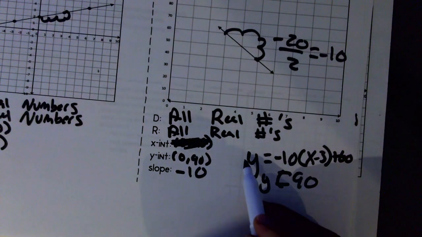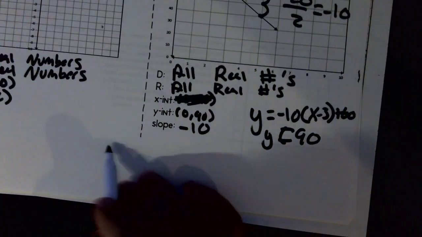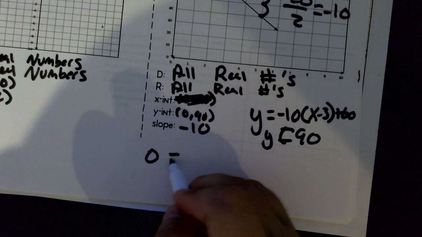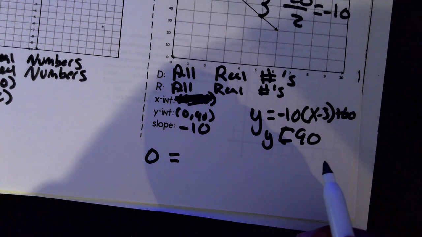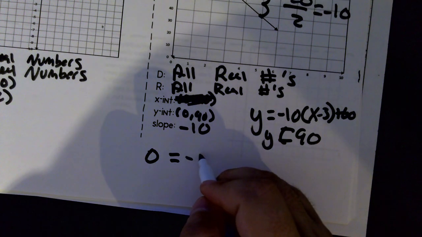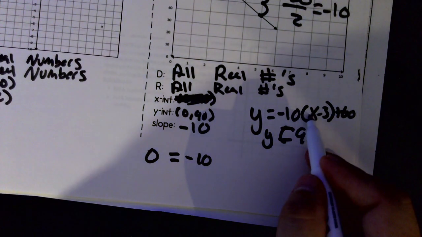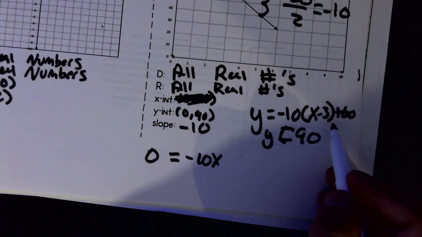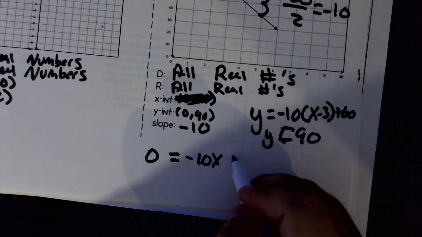My x-intercept is when y is 0. So I'm running out of room. 0 is equal to -10 times (x minus 3) plus 60. -10 times -3 is going to be plus 30.